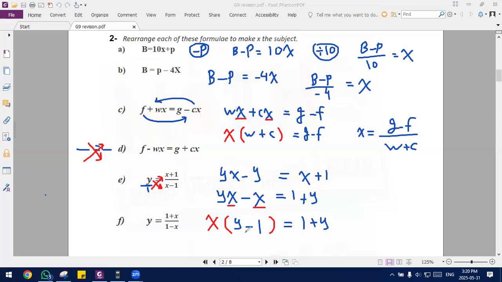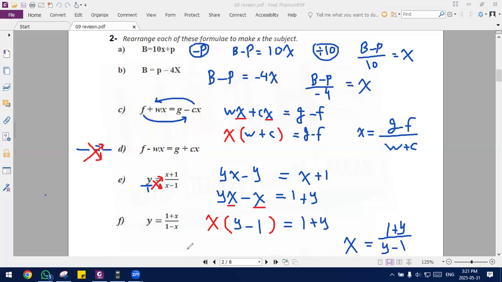Look, I always told you, check what we have next to x and do the opposite. Here x is multiplied with y minus 1, so you do the opposite, which is divide. So x is equal to 1 plus y divided by y minus 1.